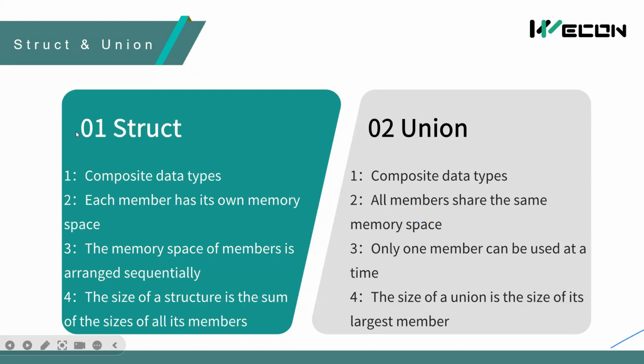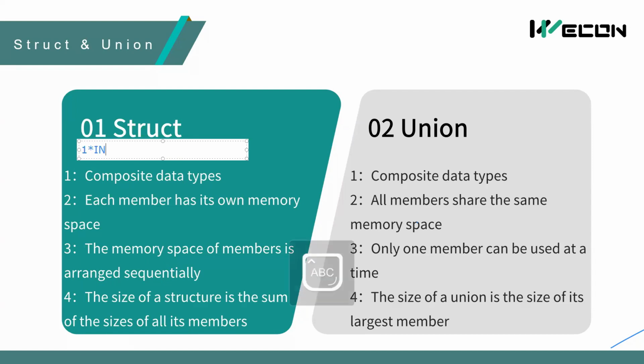For example, here we have one struct, and it has one int variable, two word variables, and three real variables. So the length of this struct will be the sum of the lengths of these six variables.